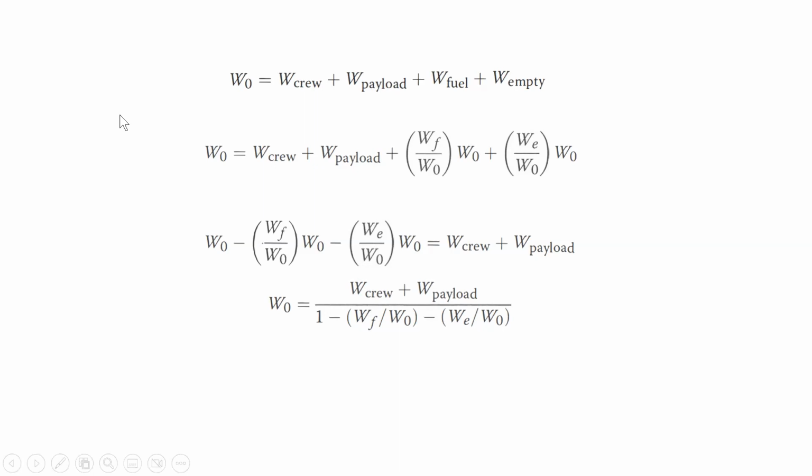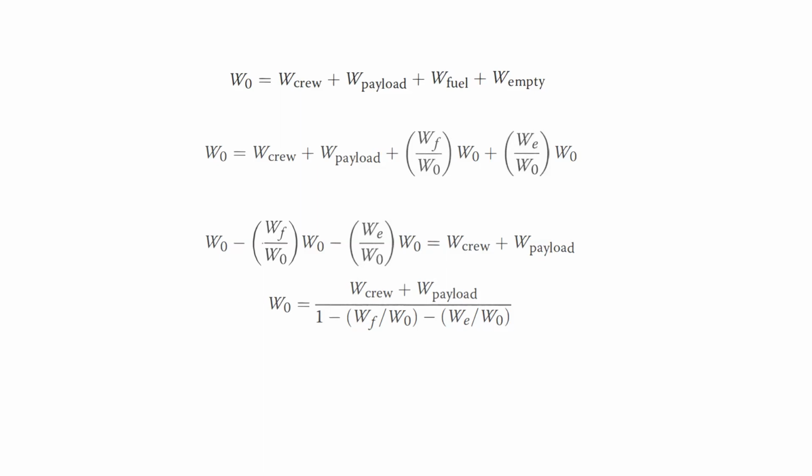So this weight is, you already know, made of the crew weight, payload weight, fuel, and empty weight. Empty weight here is the structural weight, which consists of propulsion system and other structural parts, for example, wings and avionics. So all of this is usually summed up into one quantity called empty weight.